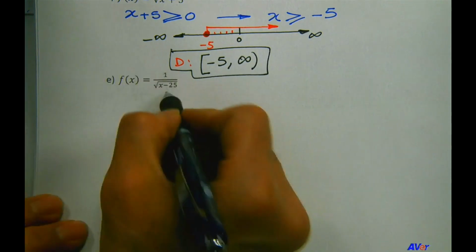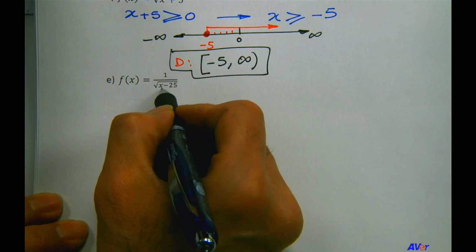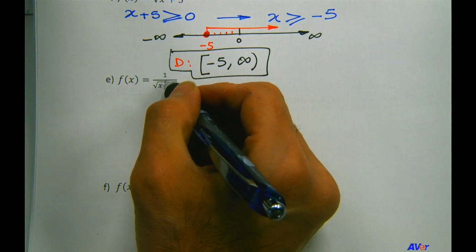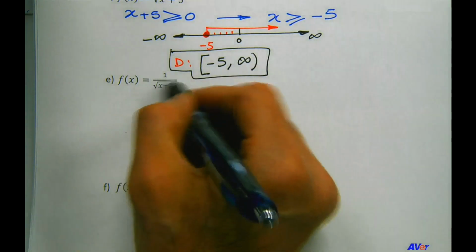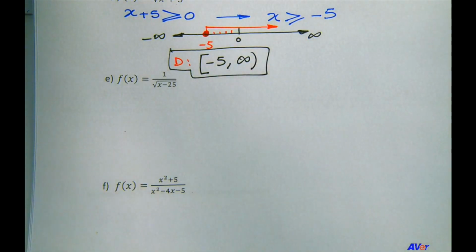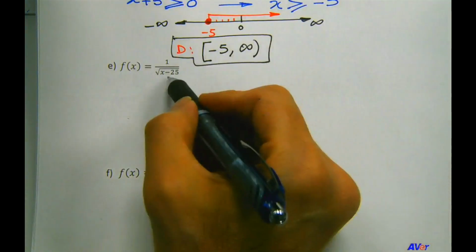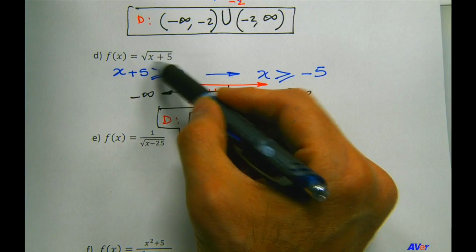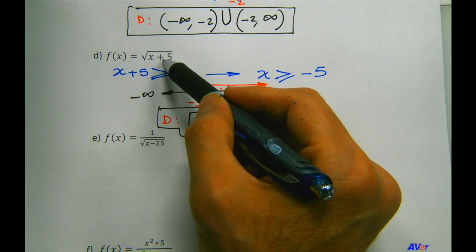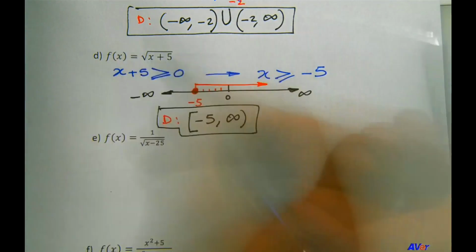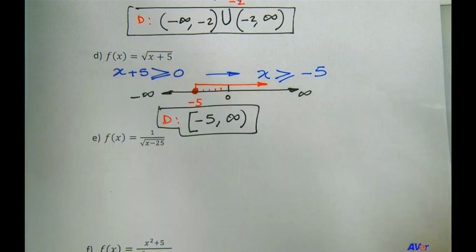All right, so in this case, not only do we have two things mixed, a fraction, or a rational expression, but in the denominator we have a radical expression. So we have two restrictions here intermingling with each other. So how can we then find the domain? Well, see up here, x plus 5 was not the denominator of any fraction, so it could be 0, because this square root of x plus 5 is just the function itself.